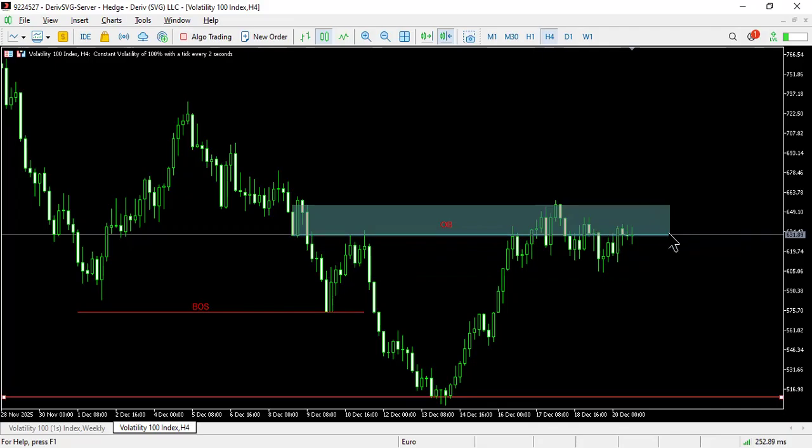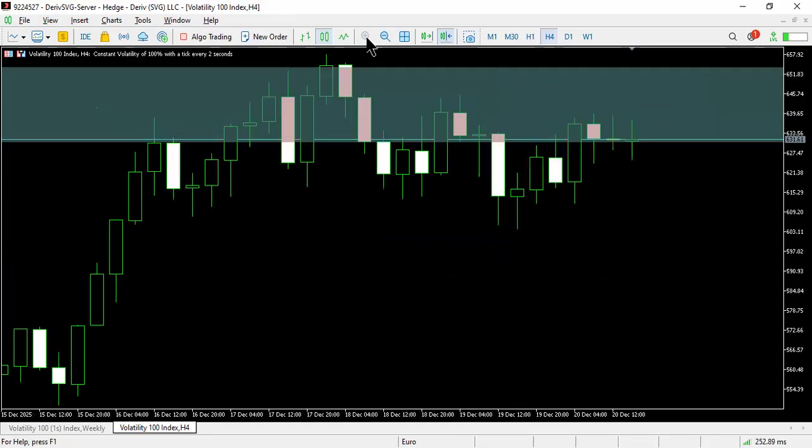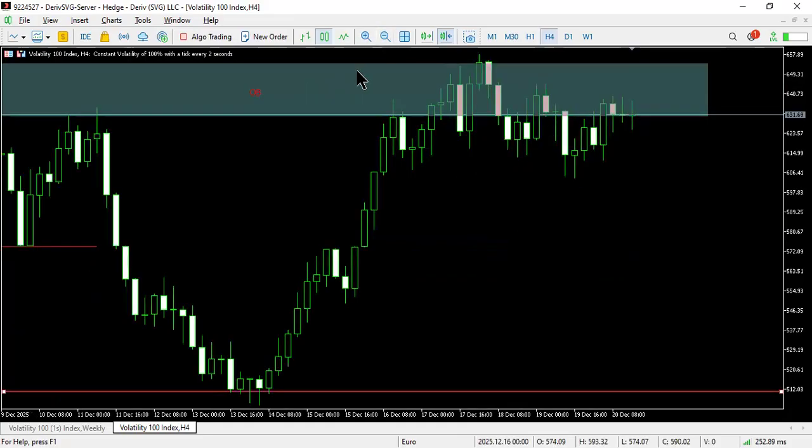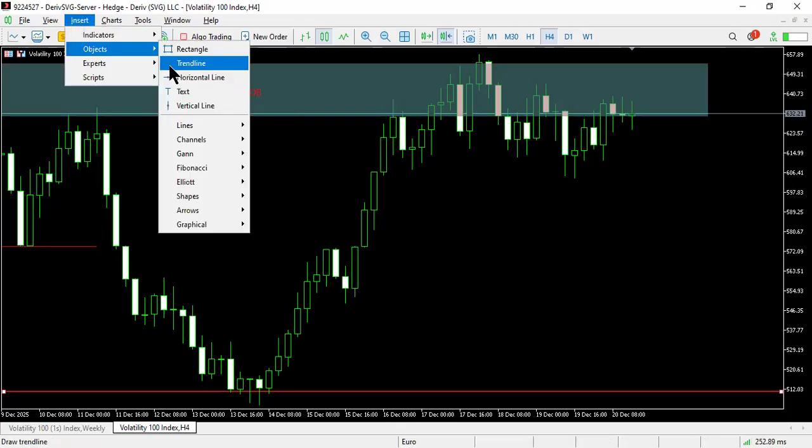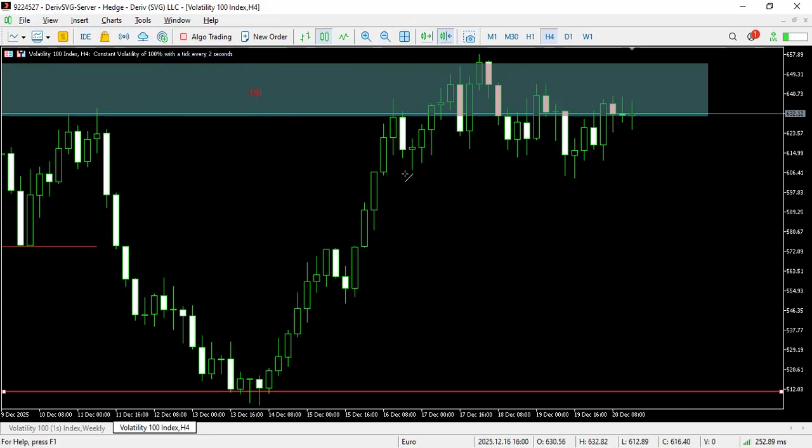All right, at this order block, if we are to zoom in, we can see that that is a higher high, higher low, higher high. We can see that price has reversed. It has caused a change of character there. That is to indicate to me that price is about to reverse.